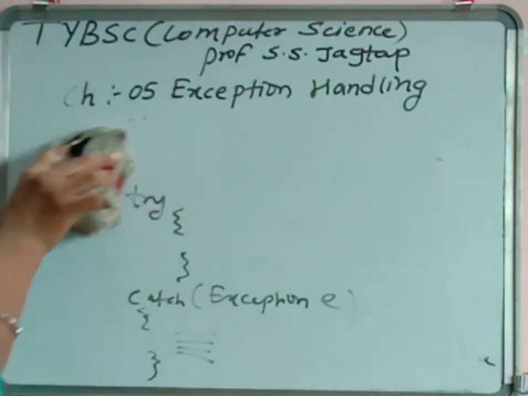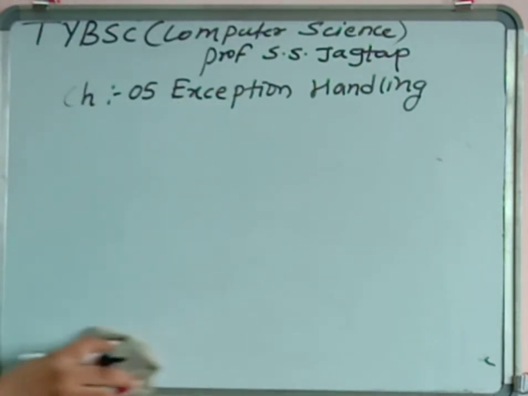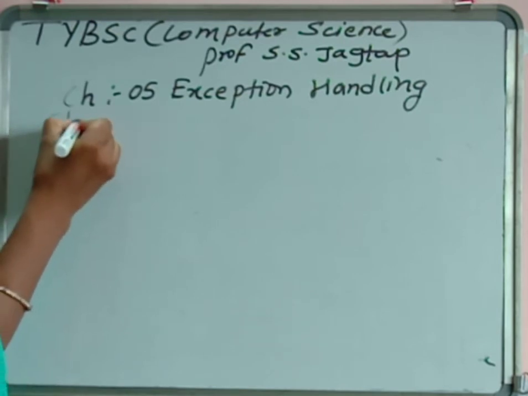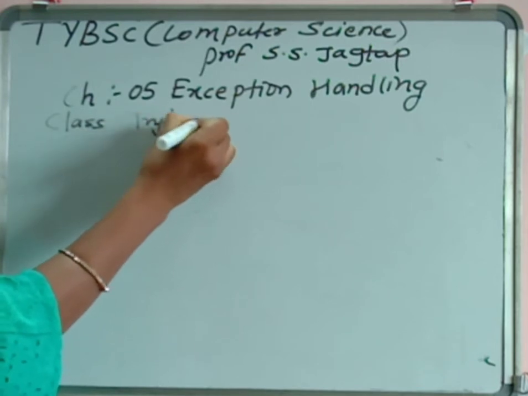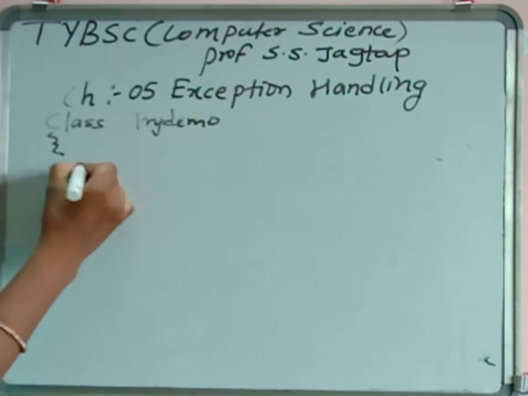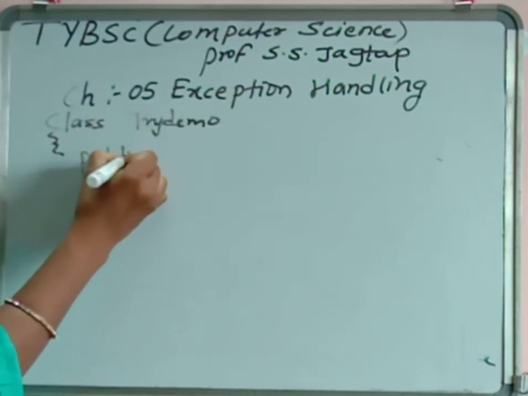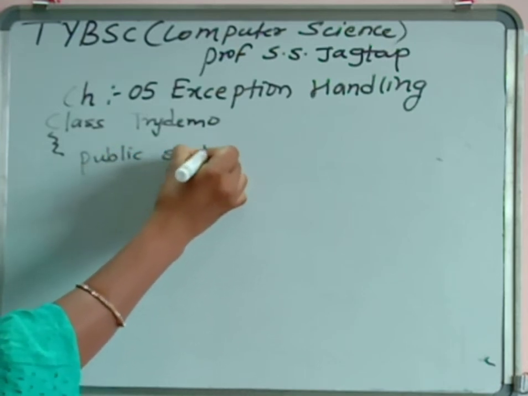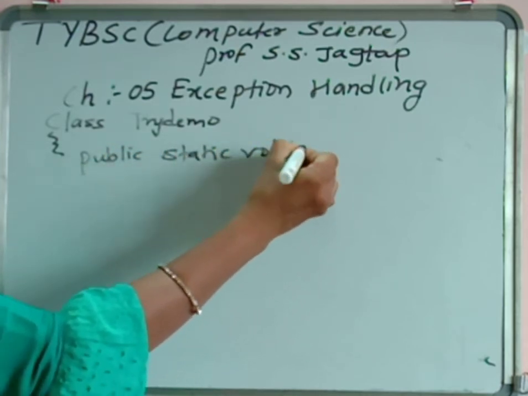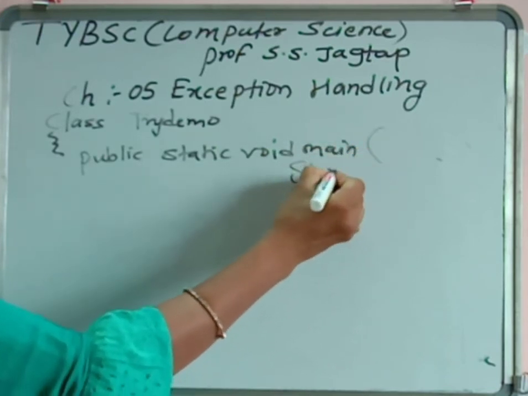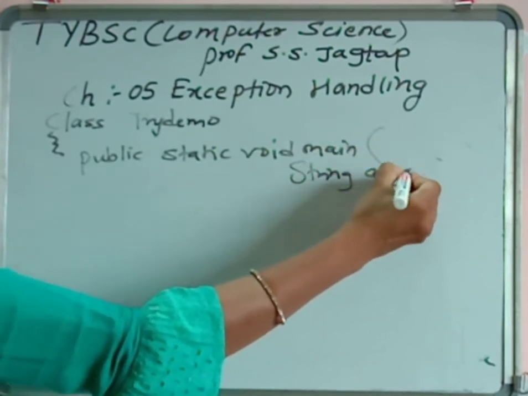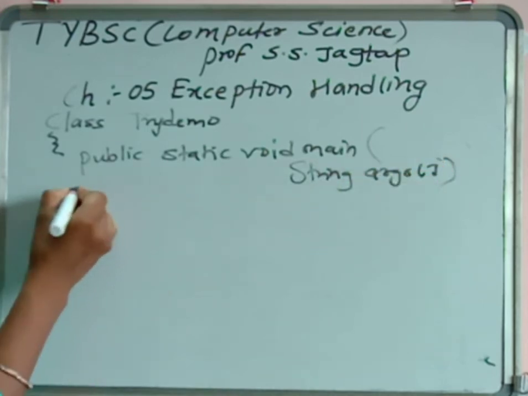Now we will see a small example of exception handling. Suppose I create a class named TryDemo. Then public static void main, String args, and the braces start.